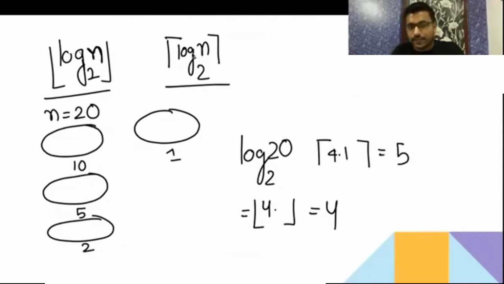This is floor, this is ceil. See, how I remember it, I will let you know. Floor means the base one, so it is going to be the lowest one. Ceil means the upper one, so it's going to be the bigger one. Yes, correct. So it is going to be floor. So the time complexity is going to be, you write.